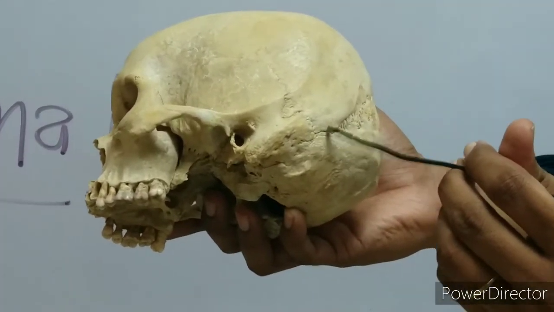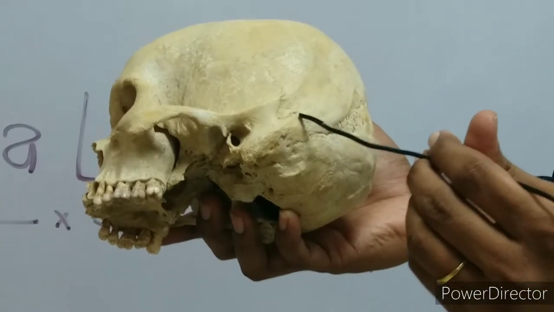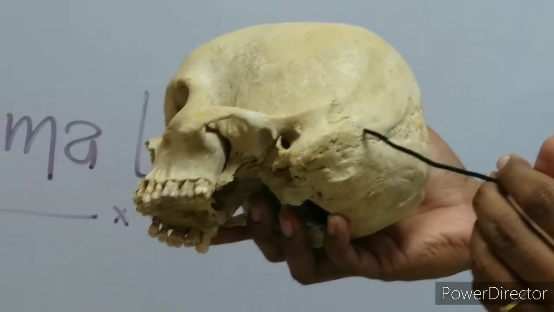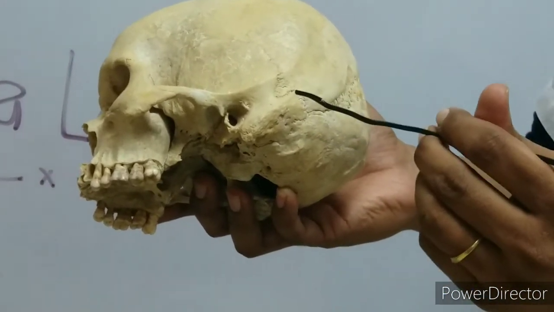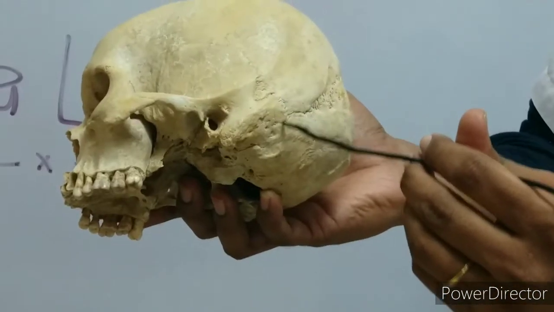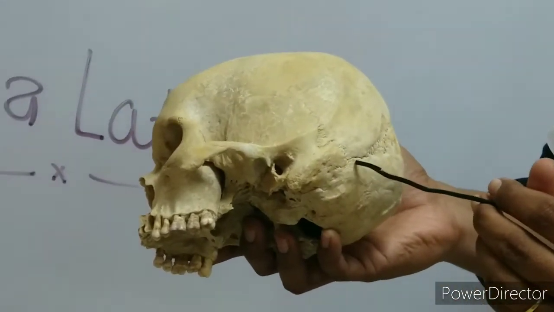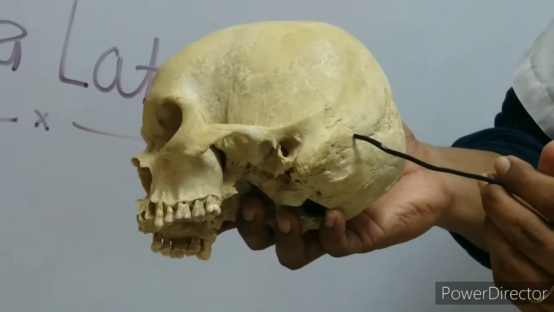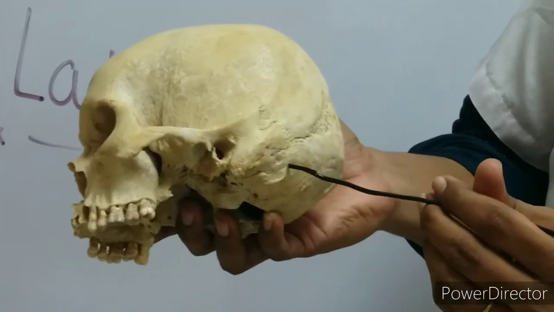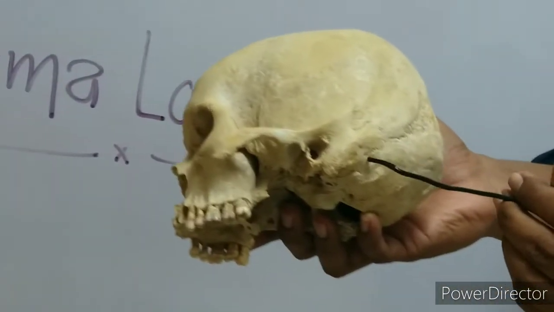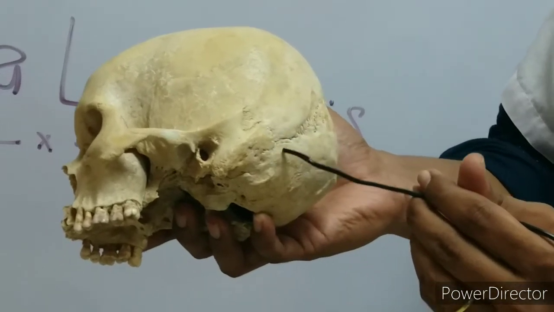So this meeting point is called the asterion. So what is the asterion? The asterion is the meeting point of the occipito-mastoid suture, parieto-mastoid suture, and the end of the lambdoid suture. It is also called the posterolateral fontanelle or the mastoid fontanelle, which closes by the 12th month, meaning after 1 year of birth.